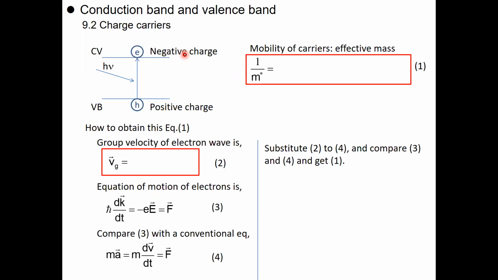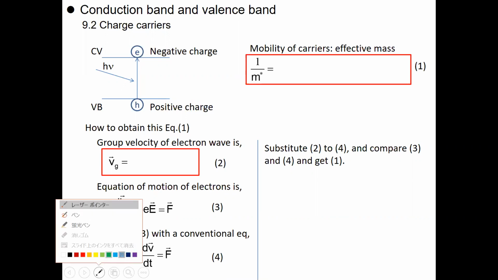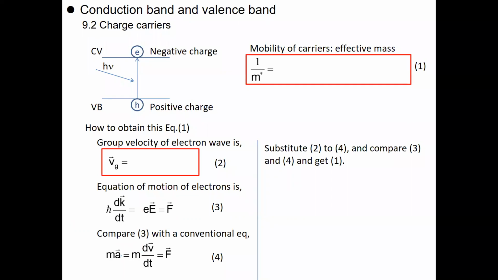And we can think about the mobility of charge carriers, and this is described by the physical property called effective mass. Here is the final result for the effective mass that I would first like to emphasize. This can be obtained from the band structure diagram.